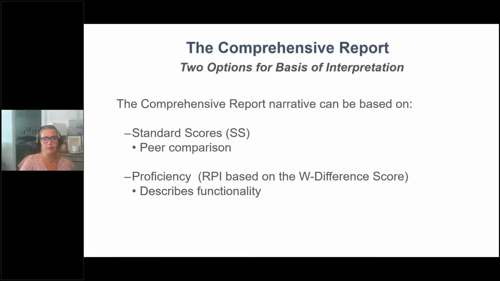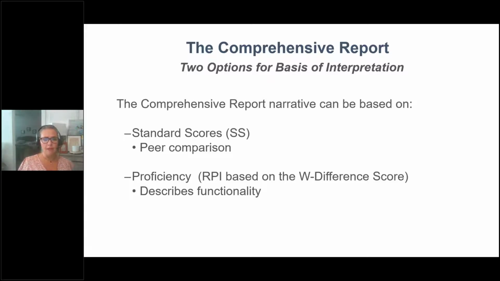We're going to offer a future webinar talking specifically about the importance of looking at students' performance through multiple lenses, but especially ensuring that you're utilizing the RPI within your interpretations, because the RPI, the relative proficiency index score, is kind of like a hidden jewel, if you will, within the WJ products.